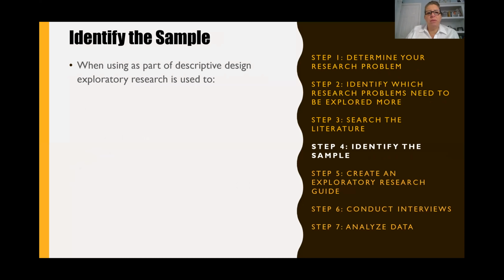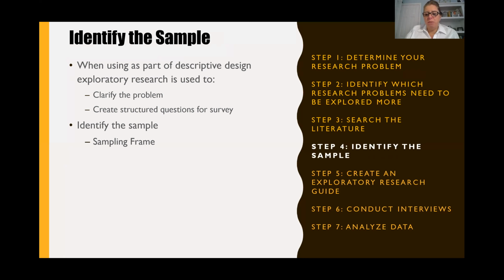So when you're using exploratory research to inform your descriptive research design or your causal research design, you really need to be able to clarify the problem, create structured questions for the survey. And in order to do that, you need to identify the sample. And so this means you have to create a sampling frame, which is what is your population of everybody that would be included in this particular study.